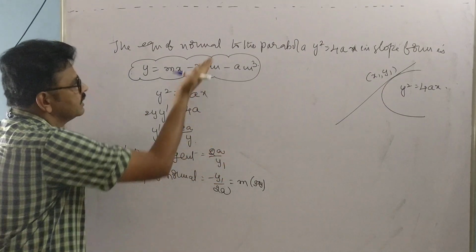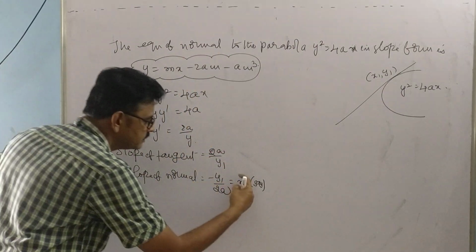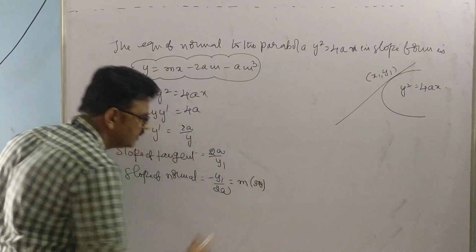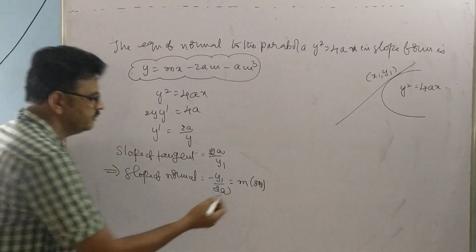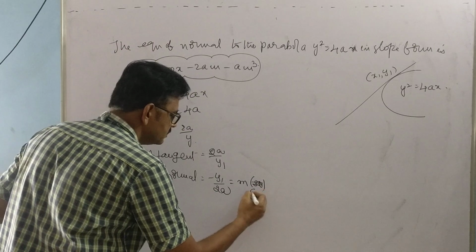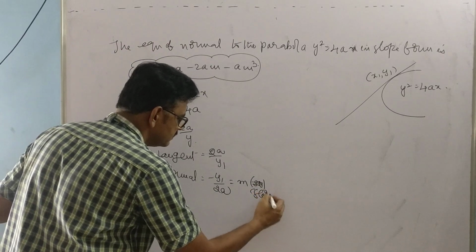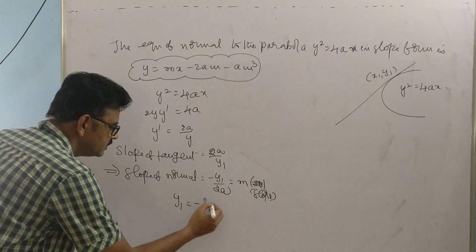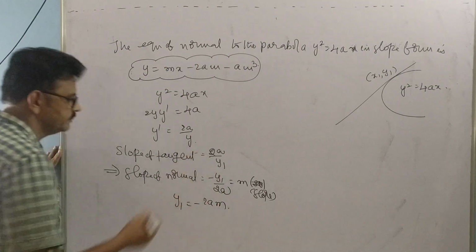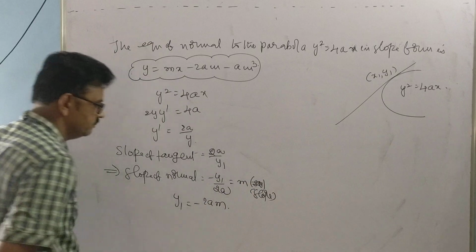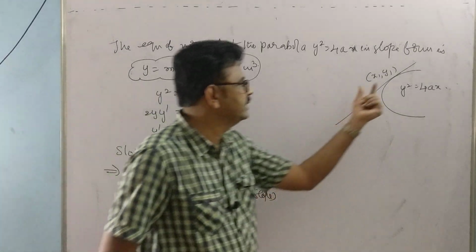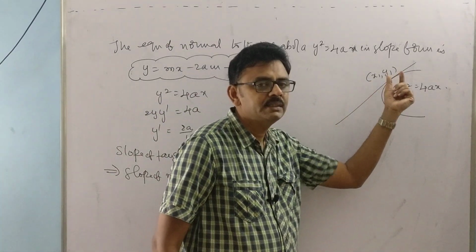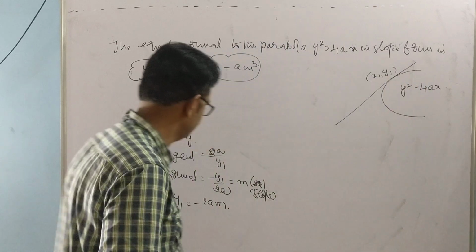Now we discuss the normal. M is the slope of normal. Therefore y1 is equal to minus 2am. Now first of all I have to find the point on the parabola.